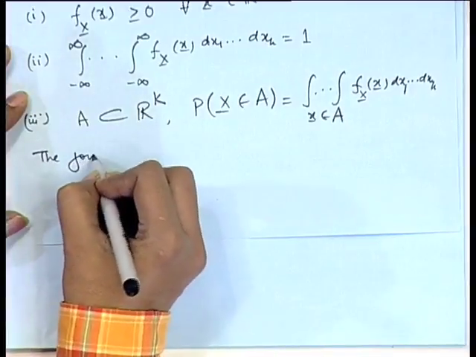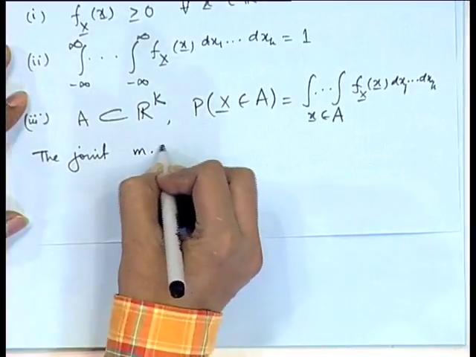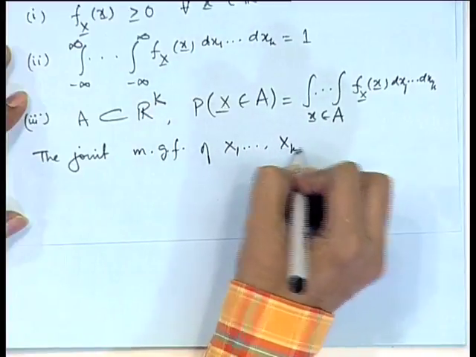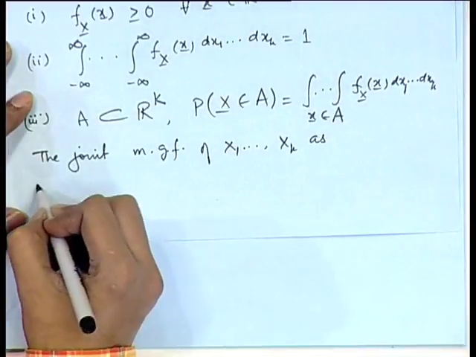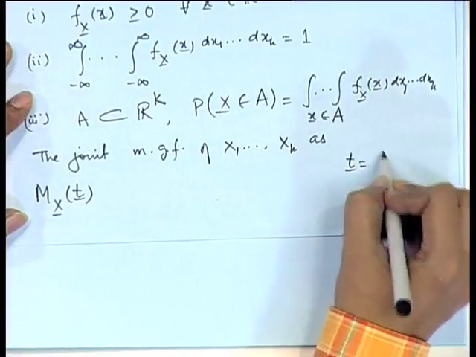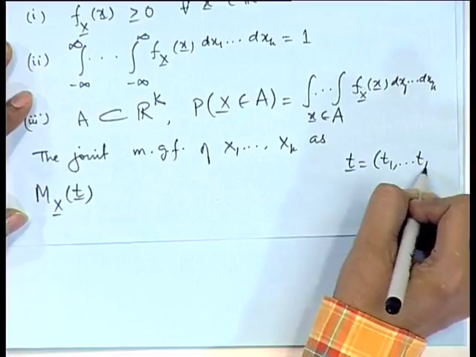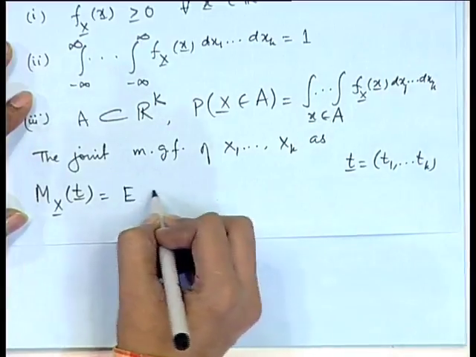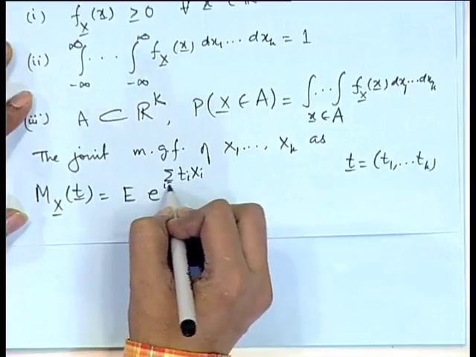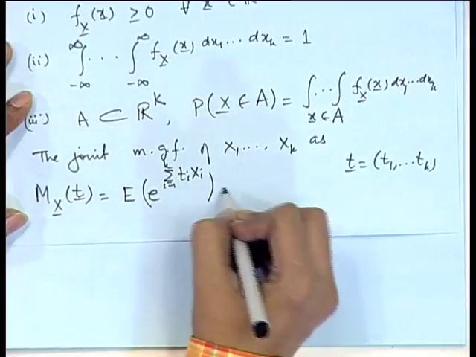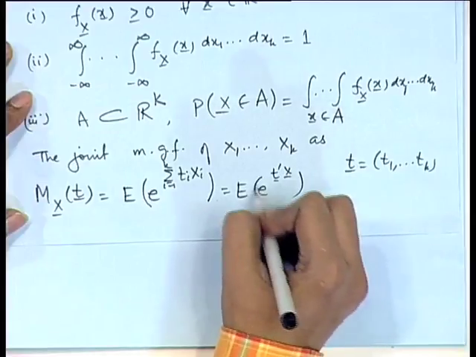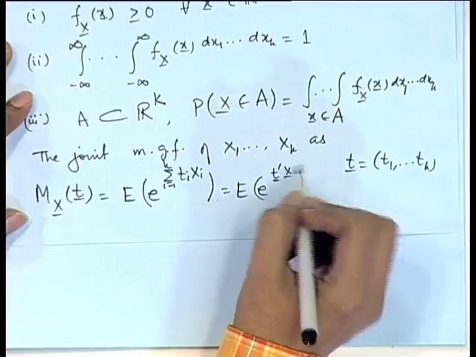We can define the joint moment generating function of X 1, X 2, ..., X k as M X of t, where t is the point t 1, t 2, ..., t k, as expectation of e to the power sigma t i X i, i equal to 1 to k. That is expectation of e to the power t prime X, where t prime denotes the transpose of the vector t.